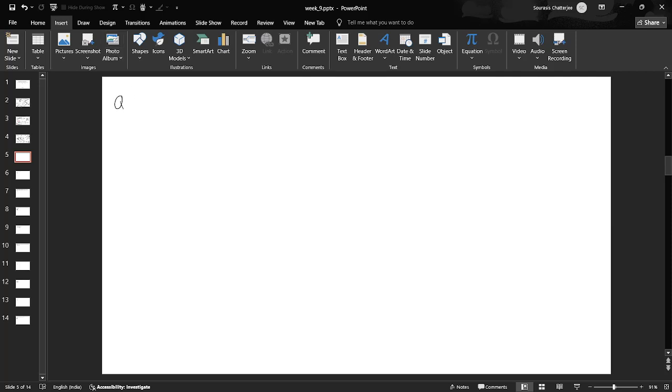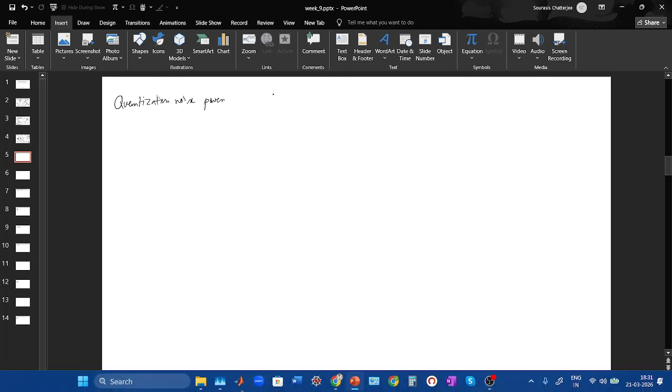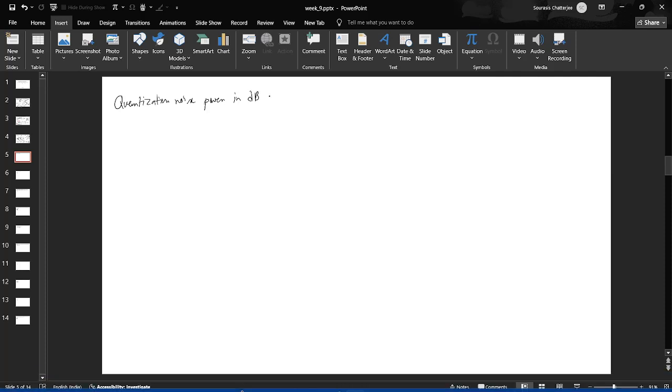So if I talk about the quantization noise power in dB scale, so I denote it as, let's say, sigma square q dB, that is given by 10 log base 10 of sigma q square value in the linear scale.